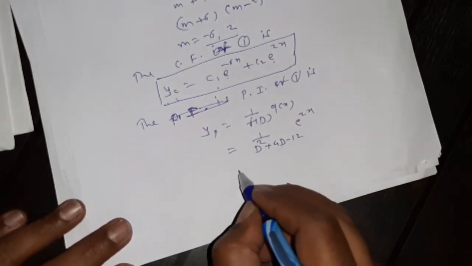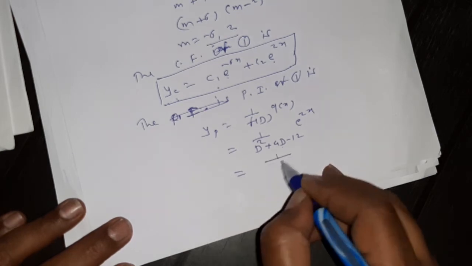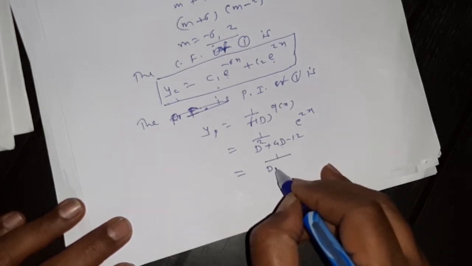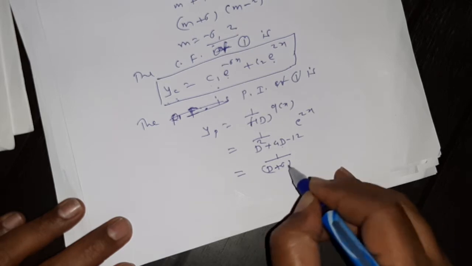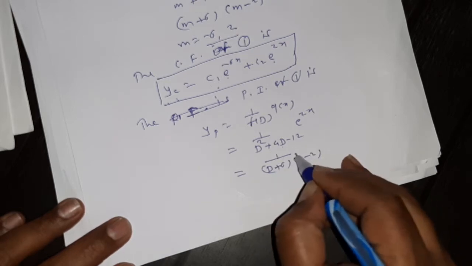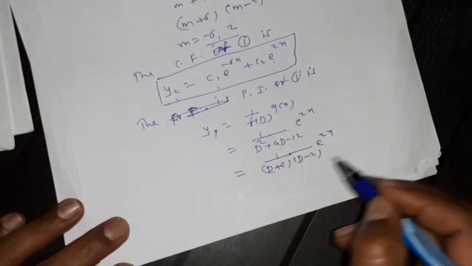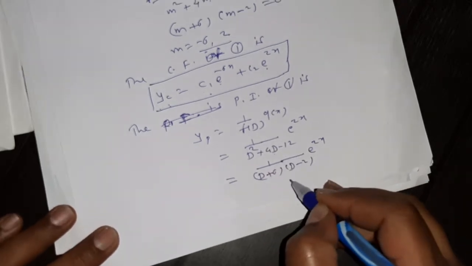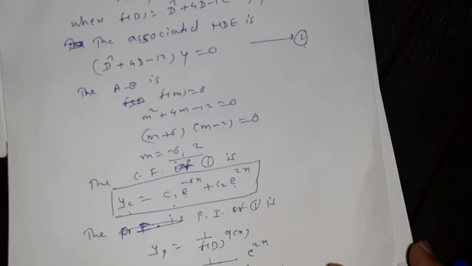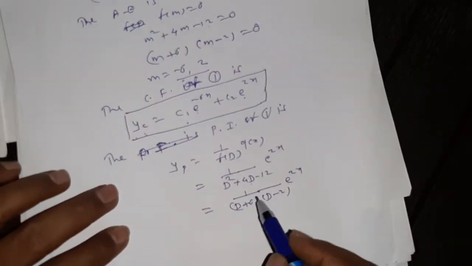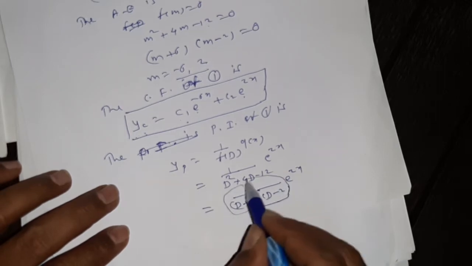Then it is equal to, the factorization is 1 by (D plus 6)(D minus 2). The factorization of this polynomial is (D plus 6)(D minus 2). Then obtain the partial fractions of this factor.